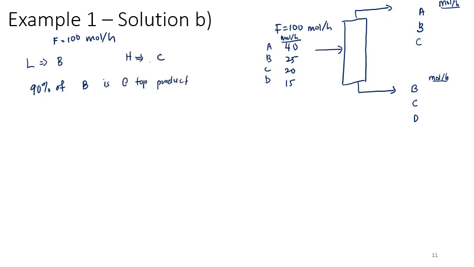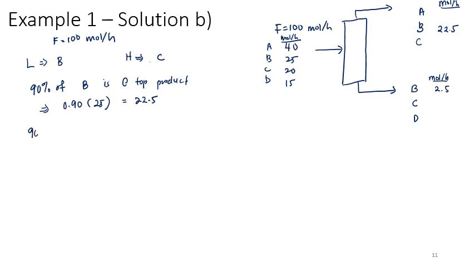So the mole per hour of component B in the top product is then 0.9 times 25, which is 22.5. So here the component B is 22.5 and the remaining 10%, 2.5 mole of B, will be in the bottom.